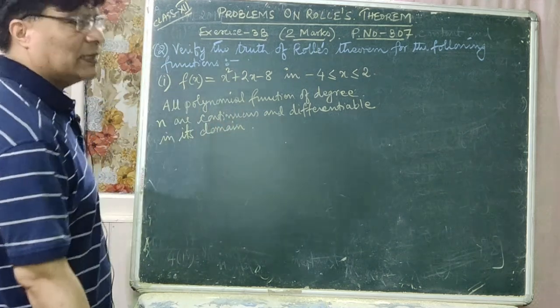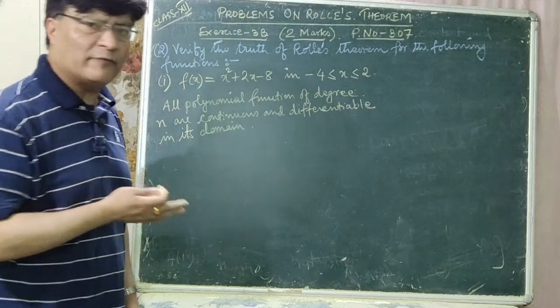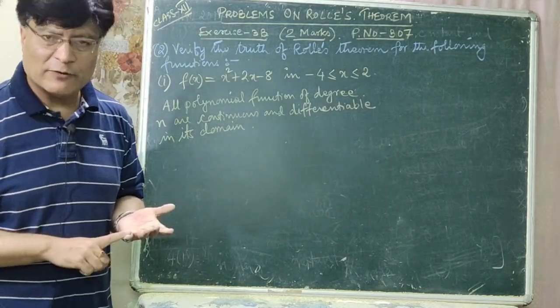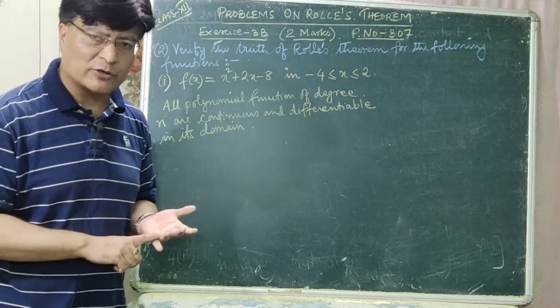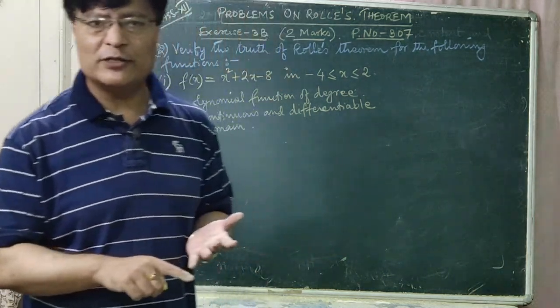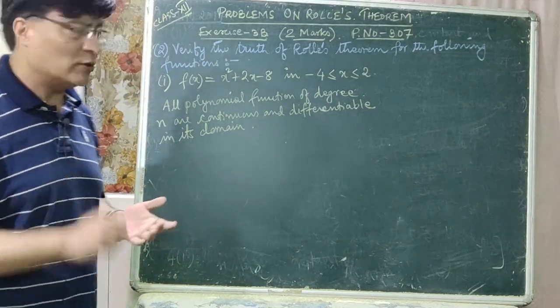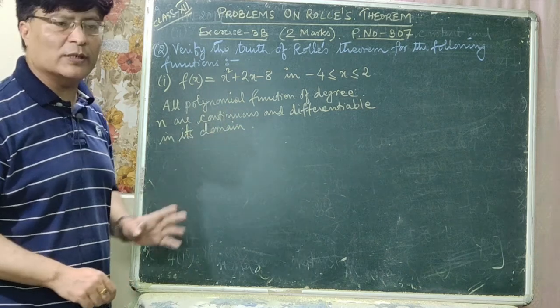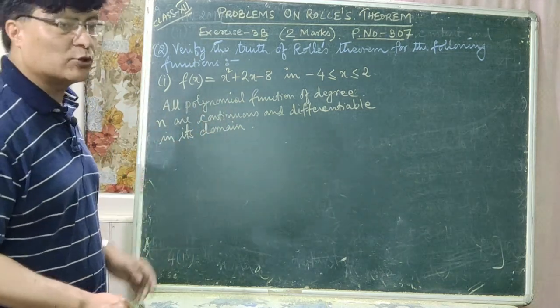Right? That is not only all polynomial function, but it may be logarithmic function, exponential function, trigonometric function, and inverse circular function. So all these functions are continuous and differentiable in its domain. Okay, now polynomial function of degree n are also continuous and differentiable in its domain.